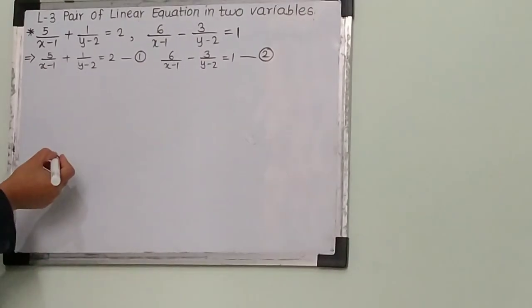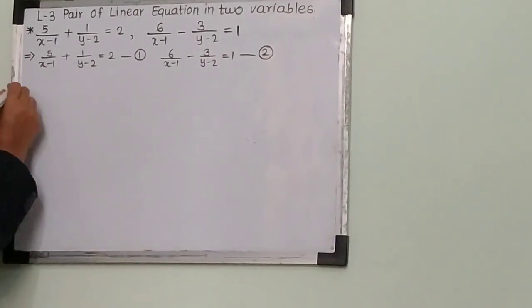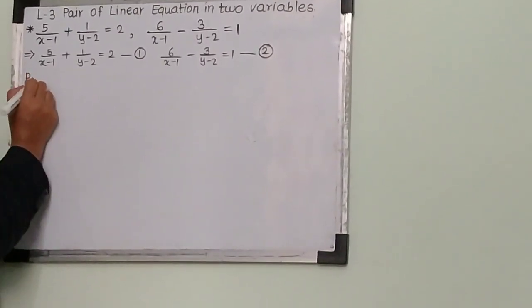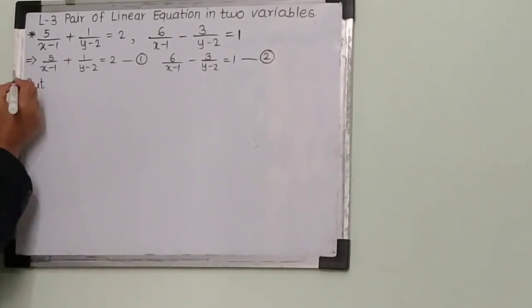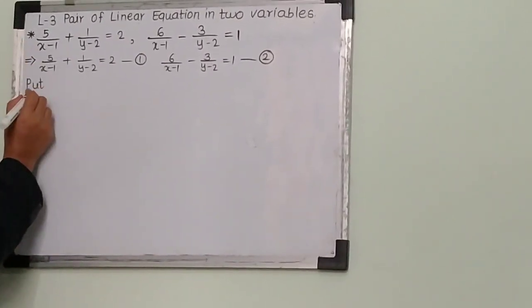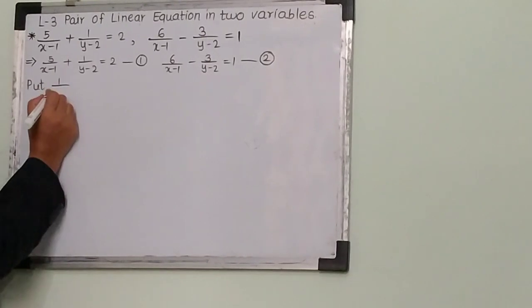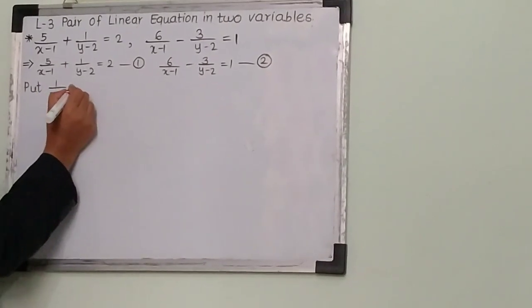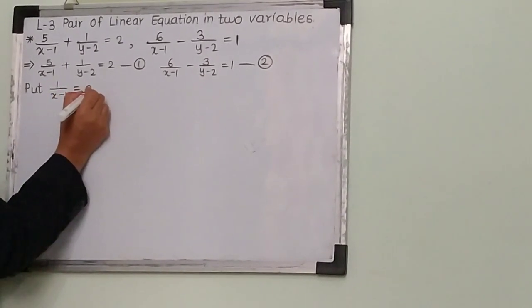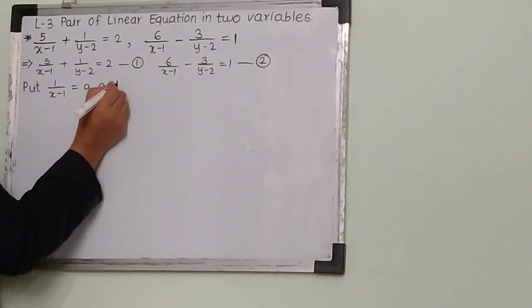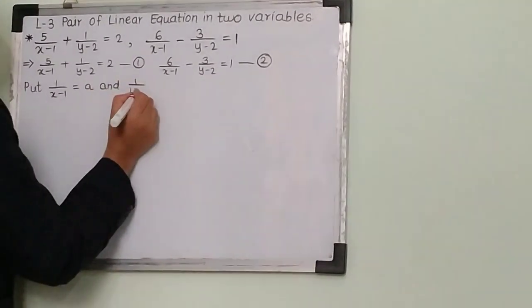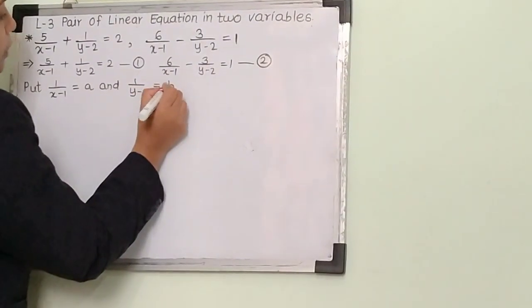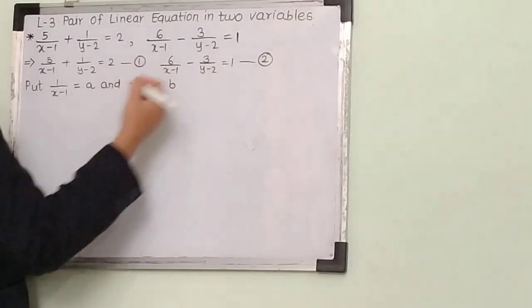So these two equations remain as it is. Now we have to substitute to form the pair of linear equations. We have to substitute 1 upon x minus 1 is equal to a and 1 upon y minus 2 equals to b in both the equations.